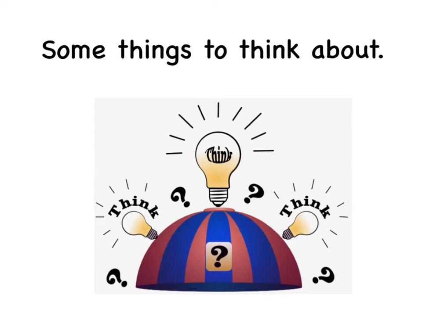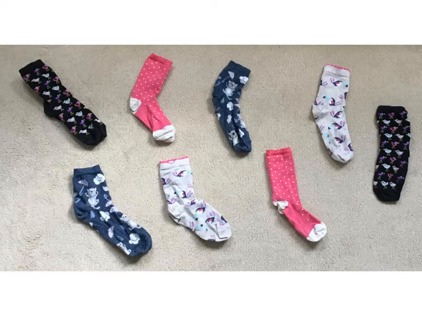Right, Year 1, you may remember that the word equal means the same. So if we are going to make equal groups, we must have groups that have the same number of things in them. Look at these socks, Year 1. They are all muddled up.